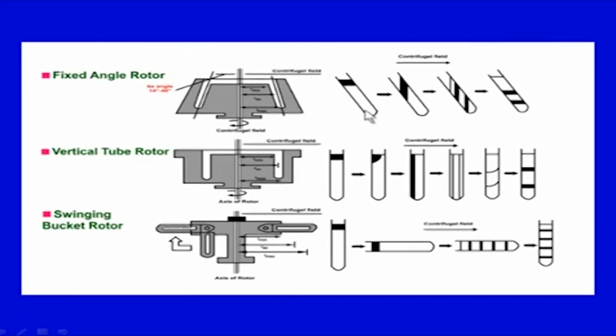As the rotor starts and centrifugal force is applied, the position changes due to the outward centrifugal force in this direction. The separation of this sample will take place, and different layers will be formed if it is a density gradient or otherwise. After a period of time the rotor will be slowed down, and finally it will come to rest, and then it will return to this particular position.